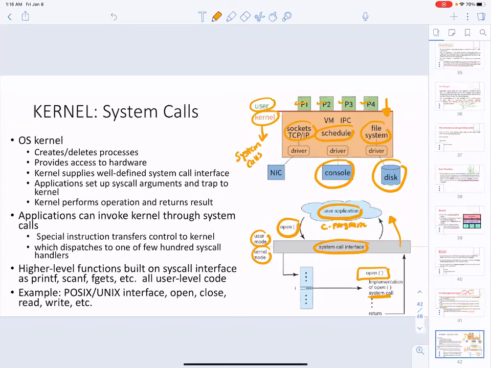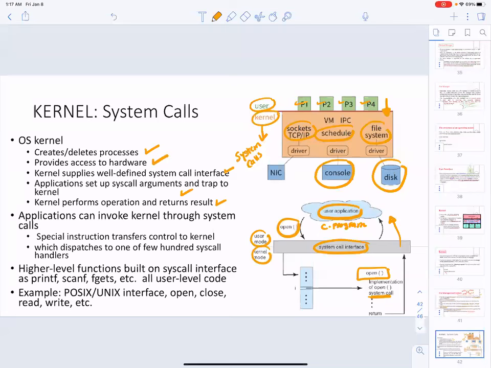So why is this happening? Because we know that the kernel creates and deletes processes. It provides direct access to the hardware. The kernel supplies those well-defined system call interfaces. And we know that an application would set up system call arguments, and the kernel performs the operation and returns the results. So when a user sends a request, it doesn't go directly to the operating system.